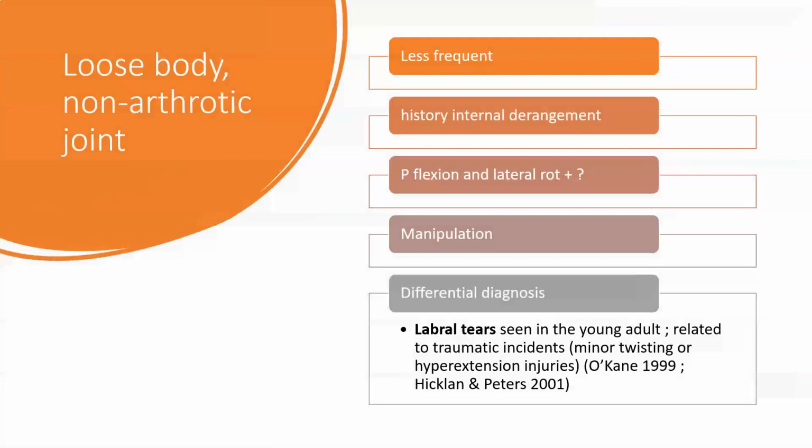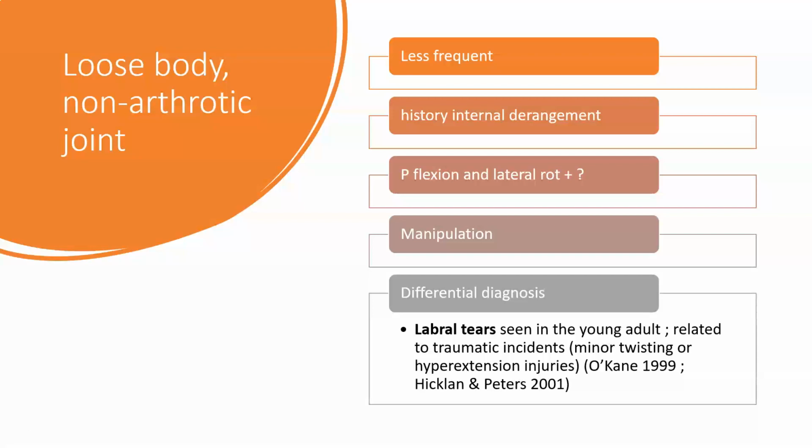A rare option is an internal derangement or loose body in a non-arthrotic joint, and this is really rare. Yeah, we have the same story again: twinges, giving way, pain in the groin, anterior leg, and perhaps you find in the examination passive flexion and lateral rotation, which are painful, but this is not a certainty.